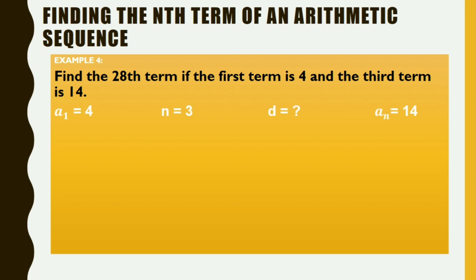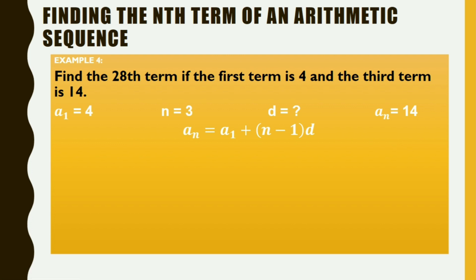You will write the given. a sub 1 is equal to 4, that is our first term, n is equal to 3 since the last term is the third term, which is 3. Then d is missing, or the common difference. Then a sub n is equal to 14 since it is our third term.